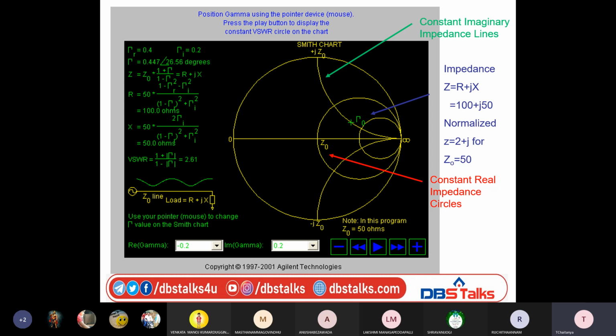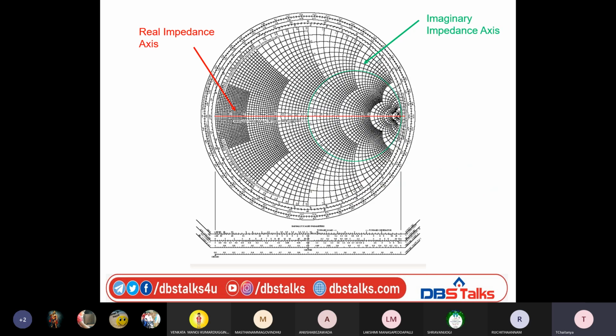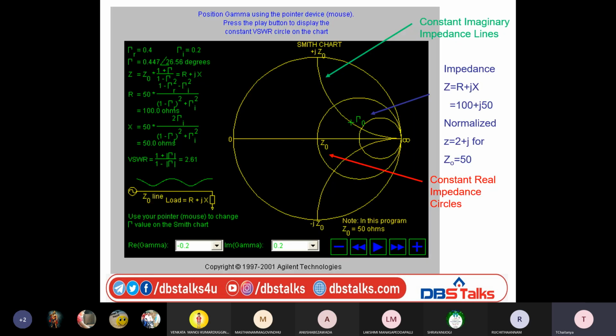So from this we can find the reflection coefficient. For example, we want to find the reflection coefficient with the help of the Smith chart. See here, in the problem itself it represents tau equal to 0.447 and angle of some degrees. So such a reflection coefficient value we want to represent on a Smith chart.